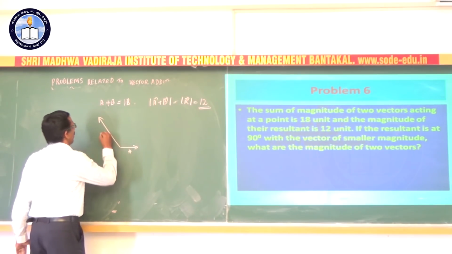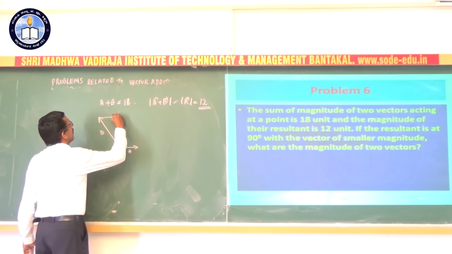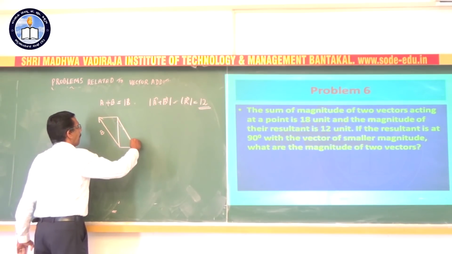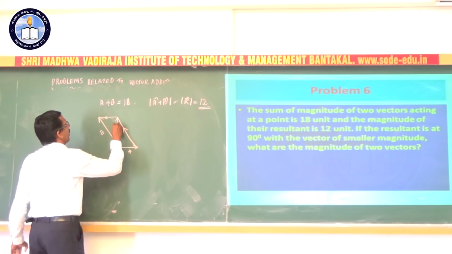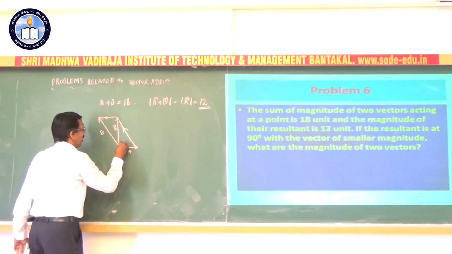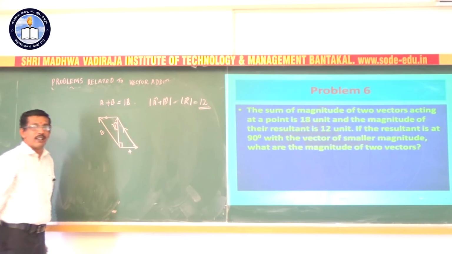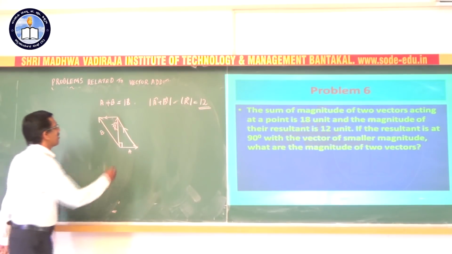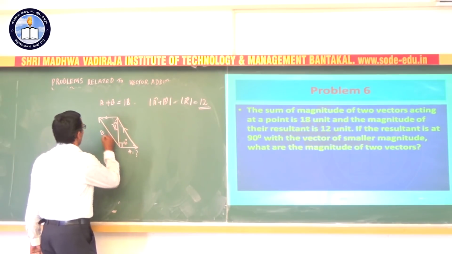This is vector A, this is vector B, and this is the resultant R. Resultant makes 90 degrees with the smaller magnitude vector. This angle is given as 90 degrees. Their question is, what is A, what is B?